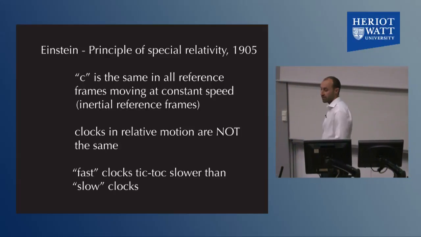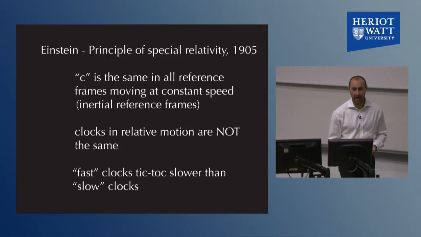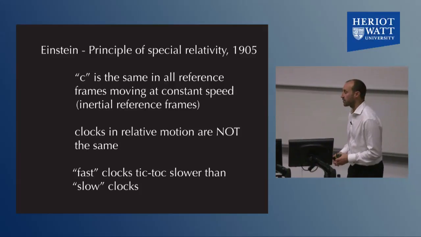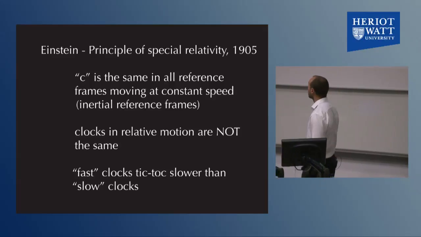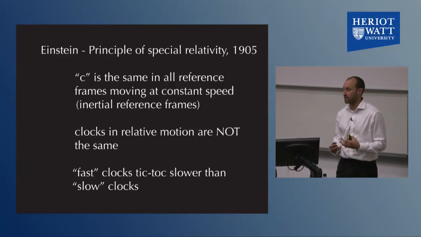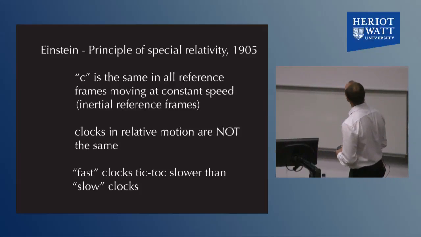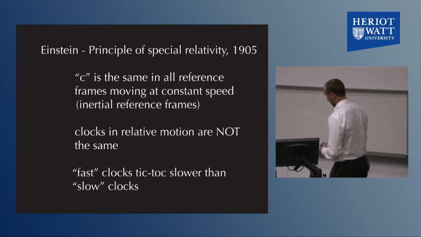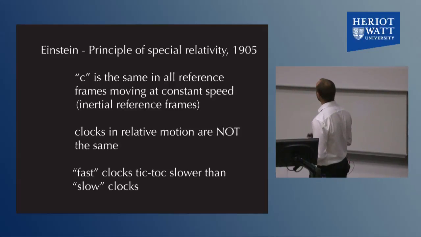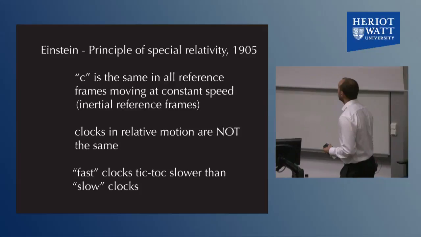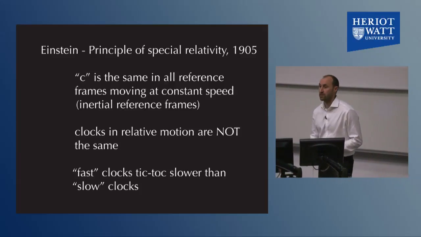But in 1905, Einstein had, I think it's difficult to underestimate how amazing and incredible this intuition was. And I don't know about you, but the more I think about it, the more I just can't get my head around it. What Einstein realized is that the speed of light, c, is actually the same in all reference frames moving at constant speed.